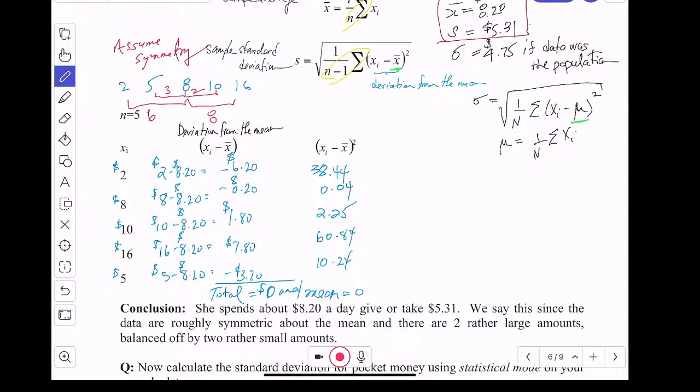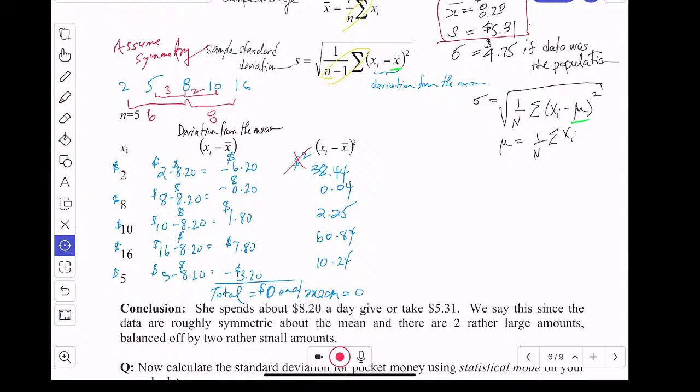So no idea what the units are? Well, the units are actually going to be units squared, so it would be dollars squared, but that doesn't make any sense, so we just don't write it.